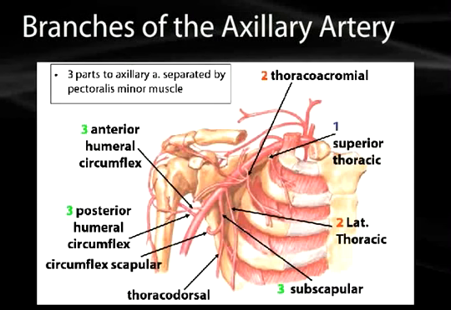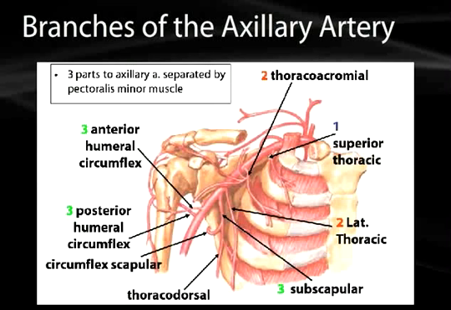Let's take a quick look at these branches of the axillary artery and follow them down. We have part 1, part 2, and part 3 of the axillary artery. Part 1 is the superior thoracic, a descending branch. Part 2 is the thoracoacromial, which actually is a branch that ascends or goes up.